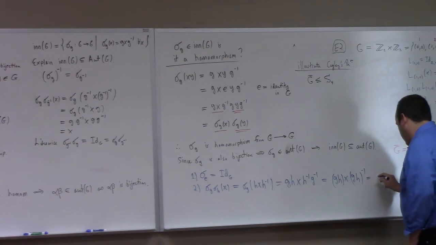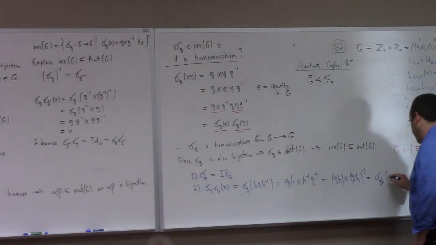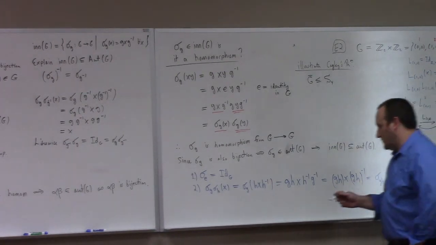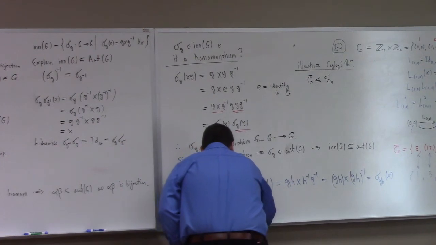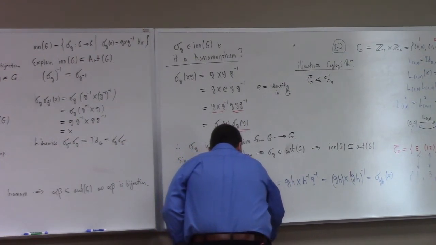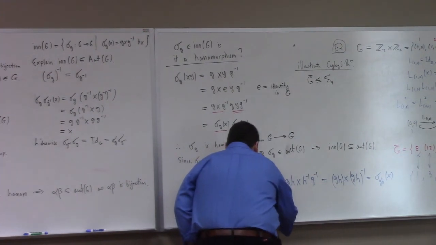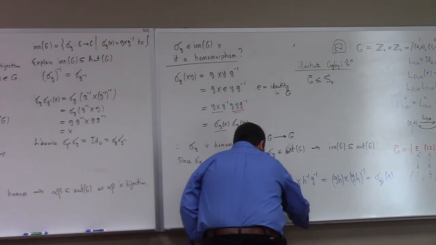So that, guys, is conjugation by G H of X, right? X being arbitrary, we've shown that this identity holds for the mappings, rather. So this shows you that sigma G sigma H is in fact equal to sigma G H for all G and H.